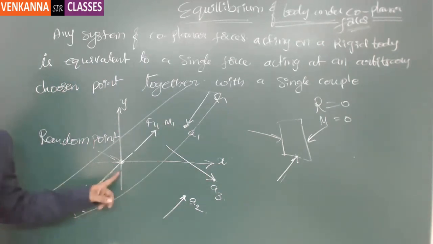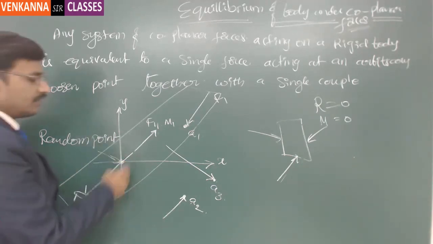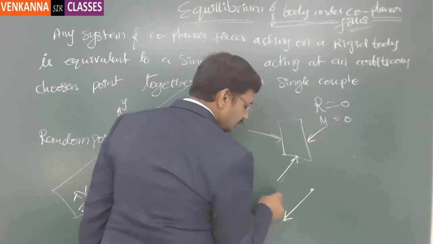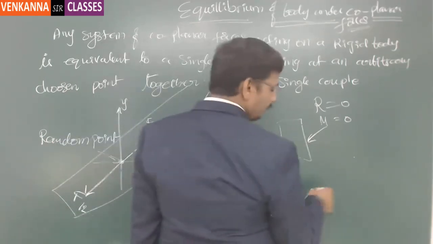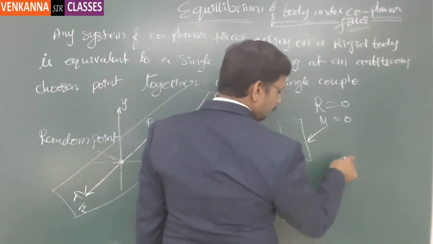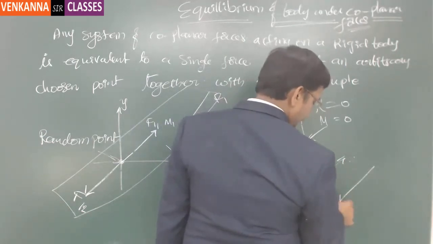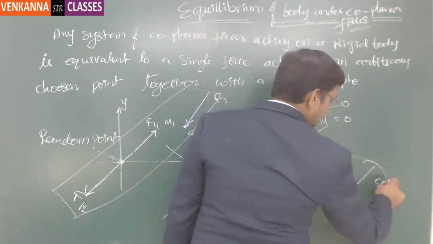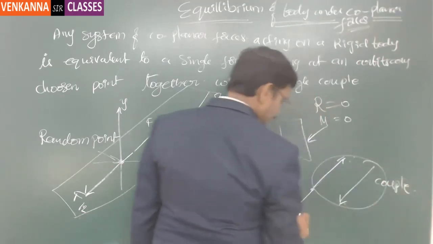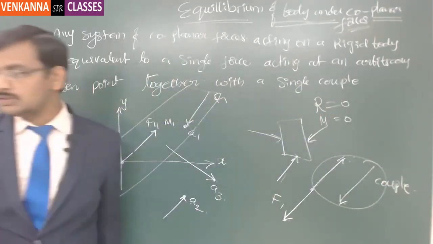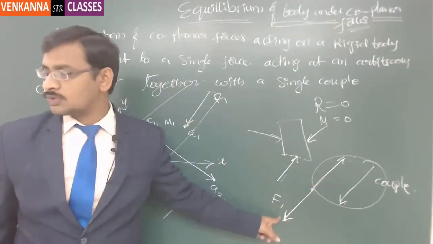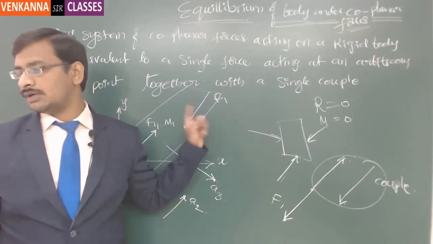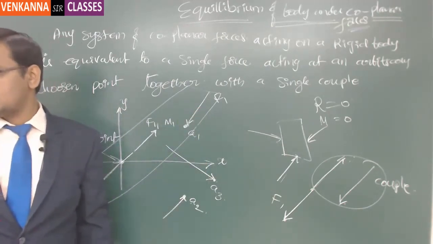That means this can be divided as one force acting at this location along with a couple. This is the couple, and this is the force F1, which is the resulting force. So this couple plus this force together can replace the original one. Got it or not? Understood or not?